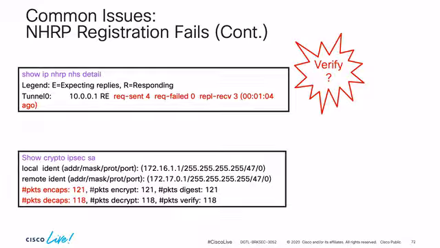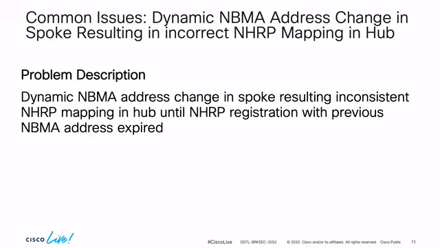The other common issue is related to dynamic NBMA address change, right? So if this spoke is behind a NAT device, or it's behind a service provider who assigns a DHCP-based NBMA address, then you could easily run into this particular issue.